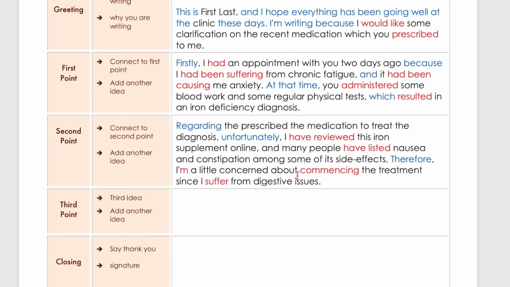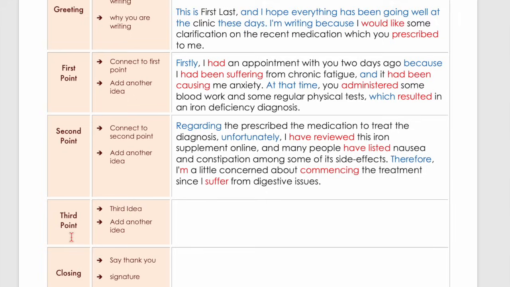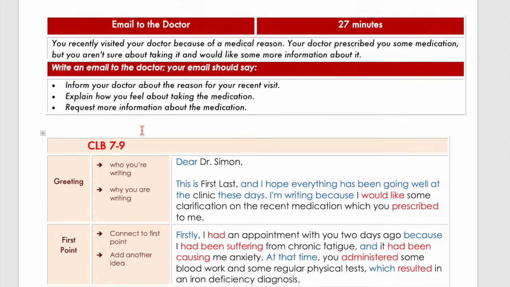So I'm concerned about commencing or starting. Okay, so I talked about the medication, I reviewed it, I don't like the side effects, and so I'm concerned about it.